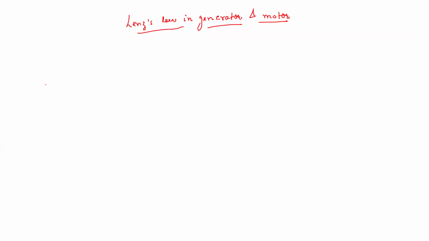Okay, so what I said is that there is a north pole and south pole, and let us take the case of the generator first. Now, let us say this is one coil and it is rotating in this direction.